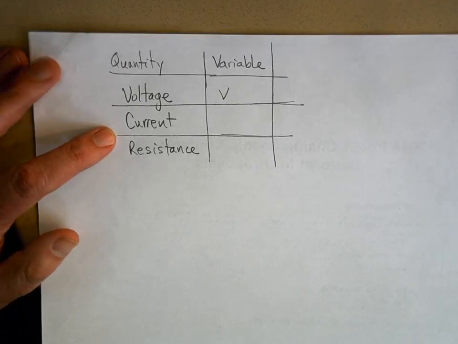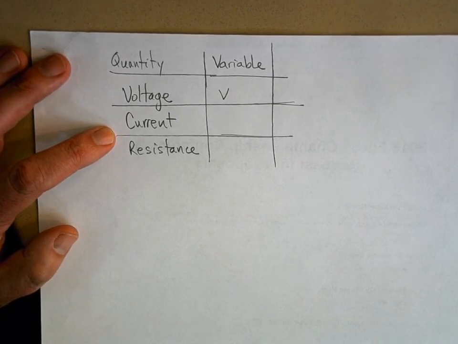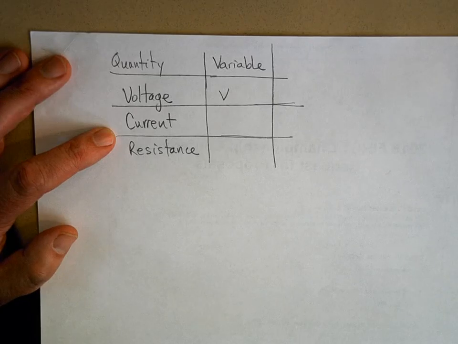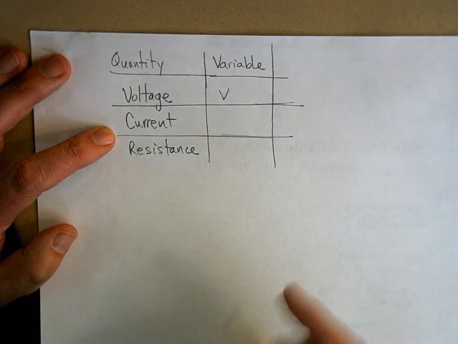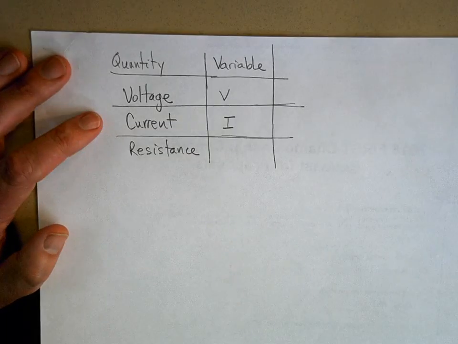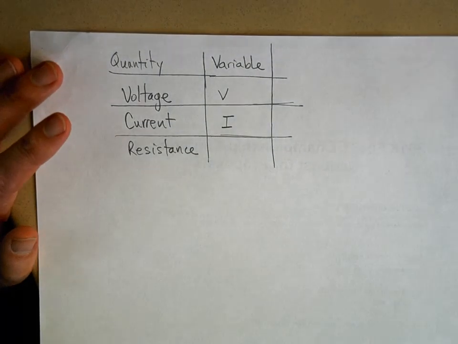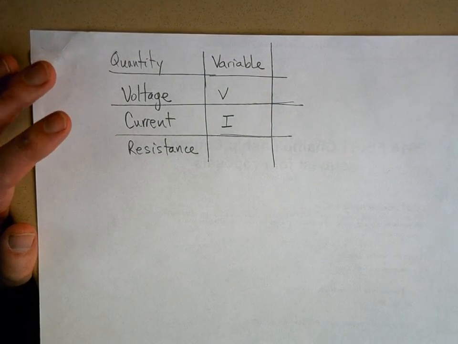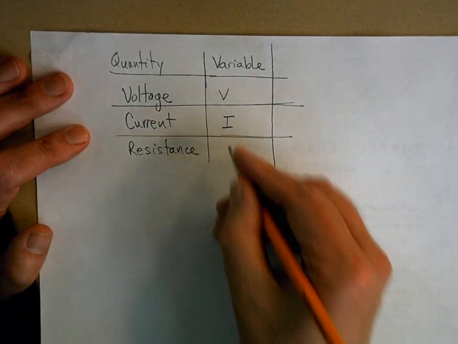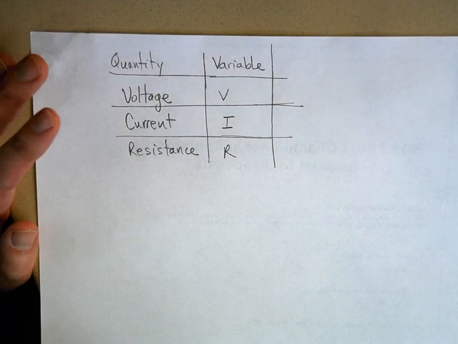Current, we don't use the letter C. In fact, if you've never done this before, you've only got 1 in 26 chances. For some reason, I don't know why, and I've been teaching this for decades now, but we use capital I to represent the flow of charge in a wire, current. Capital I stands for current. Resistance, we use capital R.